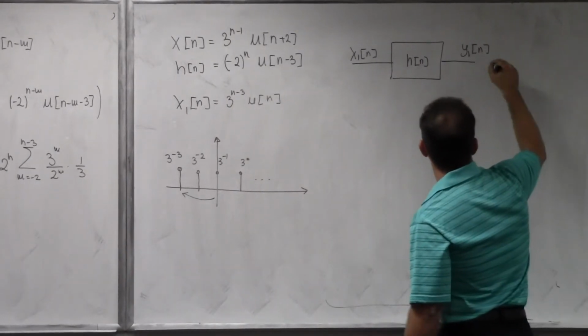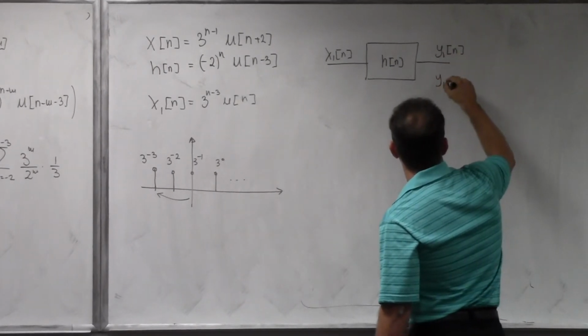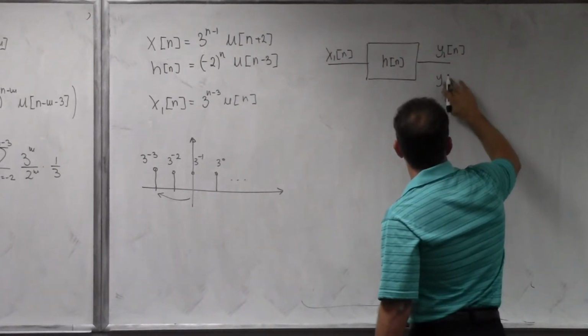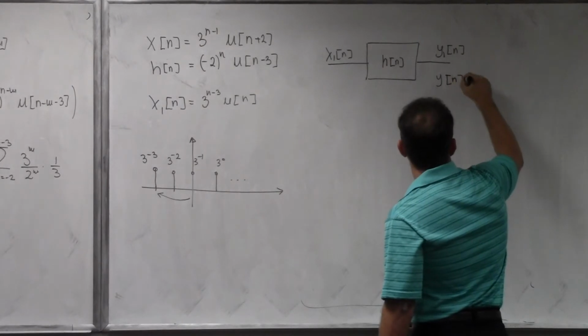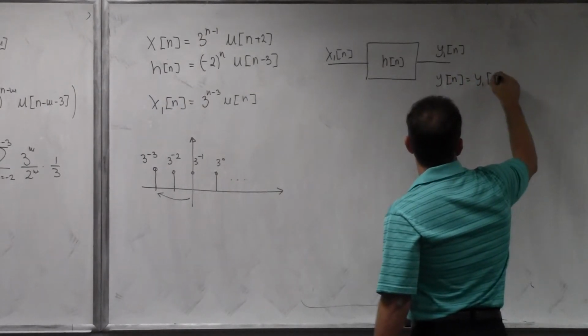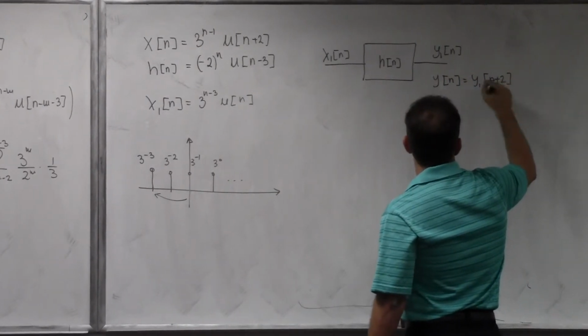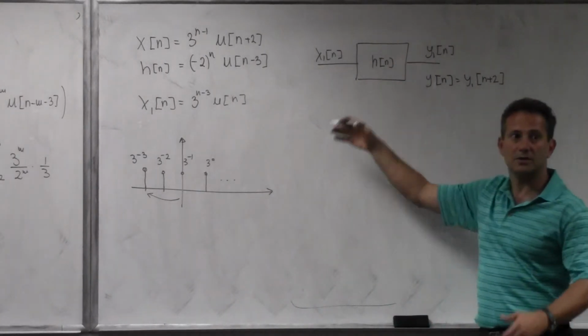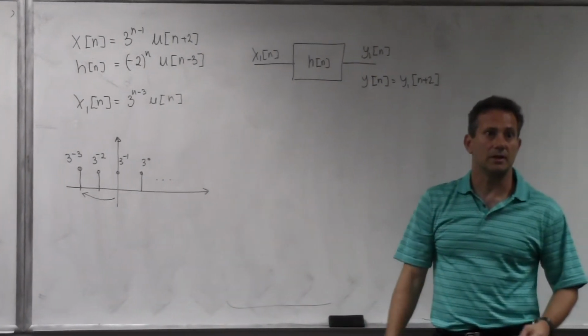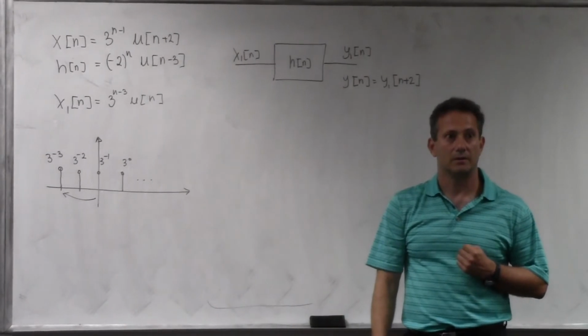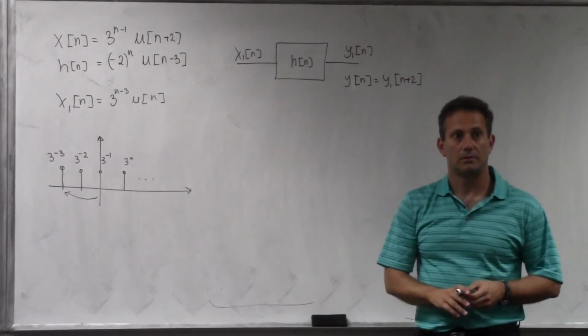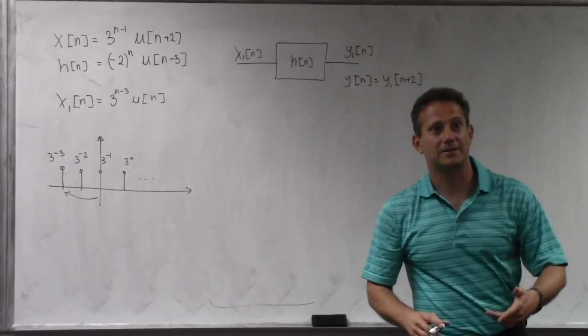So all I need to say here is that y of n is going to be y1 of n plus 2. So once I get y1 of n, I just advance that by 2 samples and I get my y of n. So can we also delay the h of n as well? That's the next step, right?